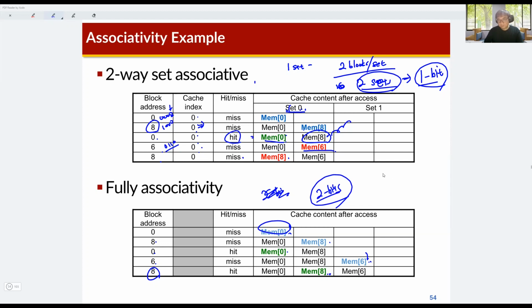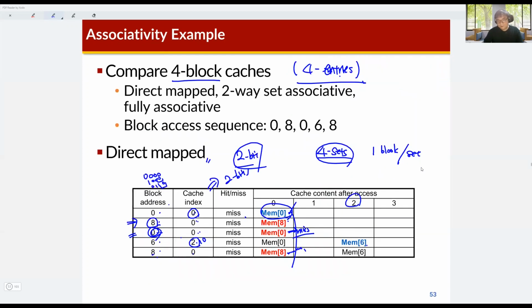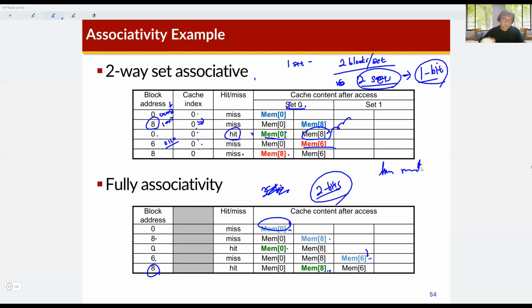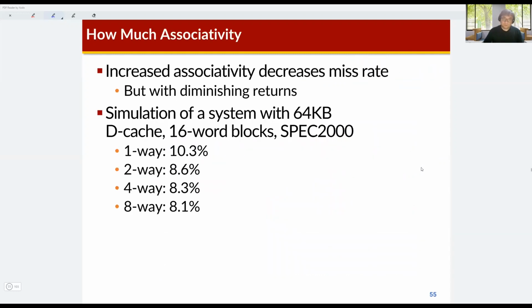If the hit rate is high, that means the cache performance is also high. So usually the fully associative cache exhibits the highest performance compared to the set associative cache or direct mapped cache. This is some real benchmark result.